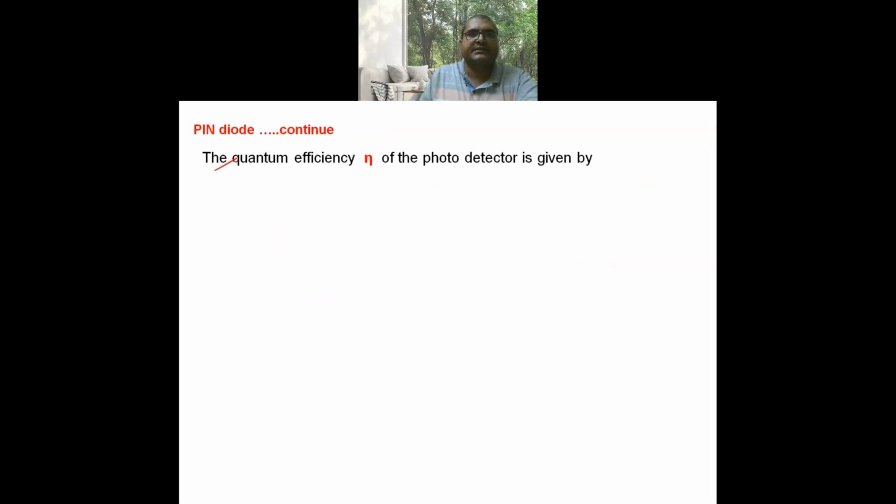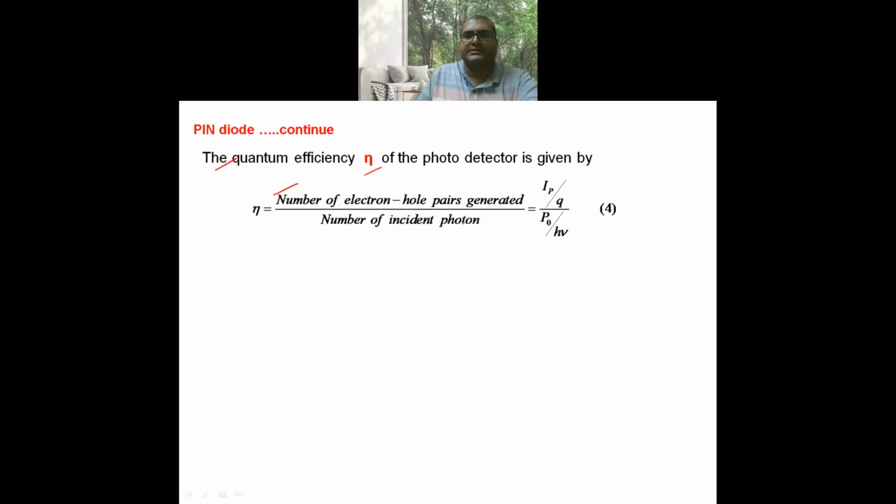The next concept is quantum efficiency. It is represented by eta. The quantum efficiency of a photodetector is given by the ratio of the number of electron hole pairs generated to the number of incident photons.